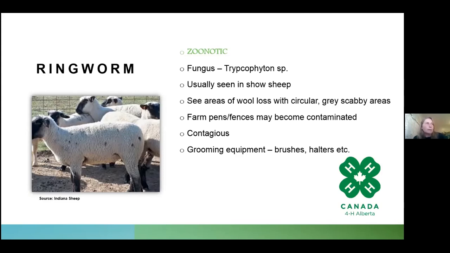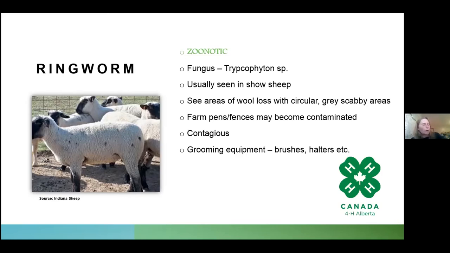Sheep that have been washed frequently with soap and water lose their lanolin barrier and are a little more prone. Also, it's a contagious disease, meaning it can be transferred easily between animals in close contact. They could be sharing brushes, they could be sharing halters. There's just a greater chance of spreading it from each other.